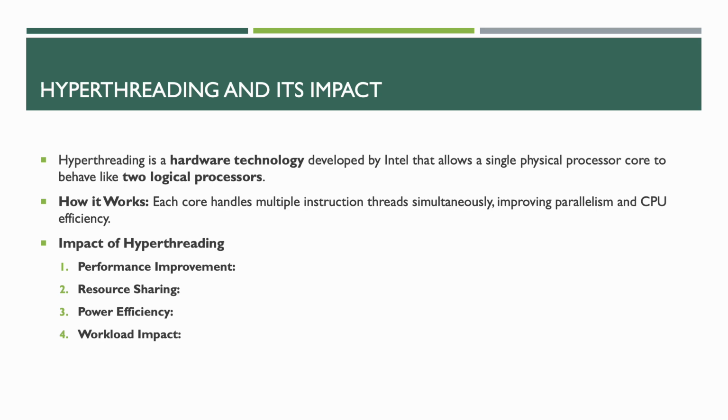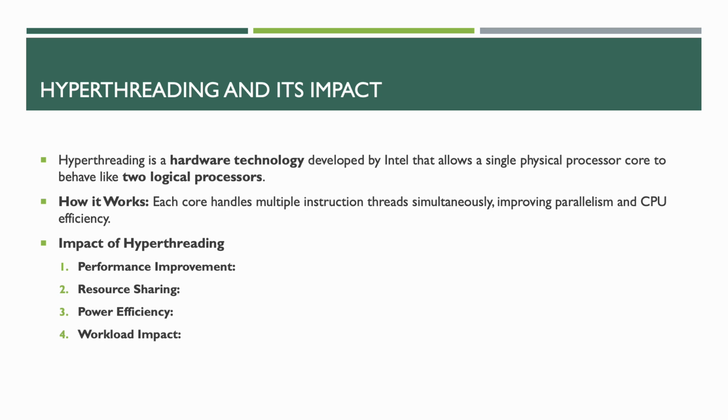Hyperthreading allows a single physical processor core to behave like two logical processors, improving the overall efficiency of instruction execution. Now, what is hyperthreading? It is a hardware technology that enables a single physical CPU core to execute multiple instruction threads simultaneously. Each core is divided into two logical processors.